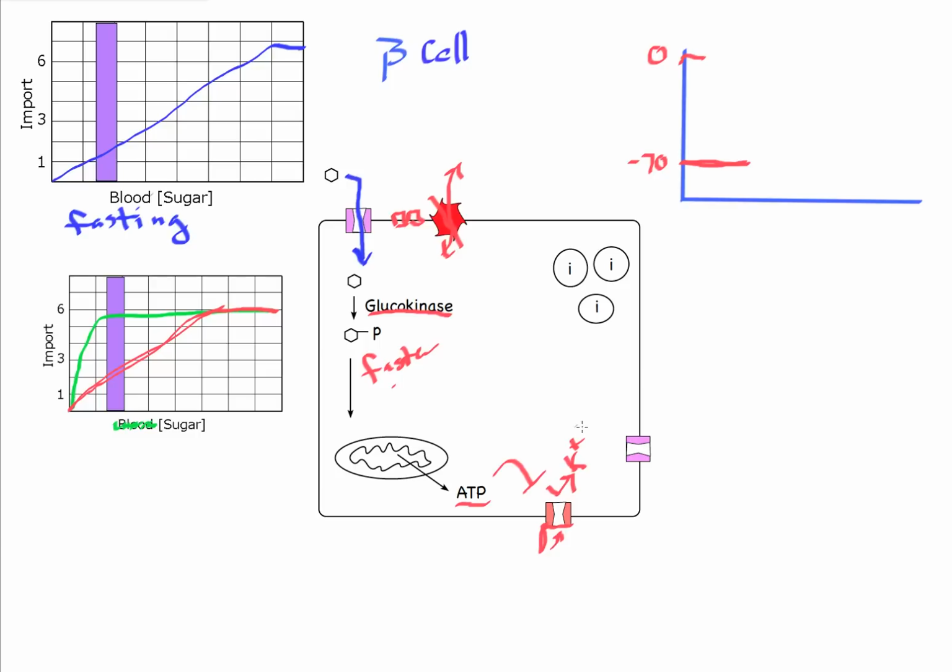So if potassium was leaving in these cells, and these cells were maintaining a minus 70 membrane potential, resting potential, now that blood sugar has increased the quantity of ATP in these cells, they are no longer going to be at minus 70. They are going to depolarize. So this process, this closure, is depolarizing the membrane.